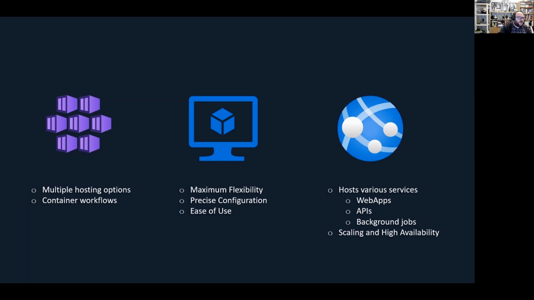You've got your basic virtual machine, which is your infrastructure as a service offering. You've got your web apps and your app service plans, which is more your platform as a service offering. And then you've got the variety of different container offerings, which cross that boundary between infrastructure as a service and platform as a service.